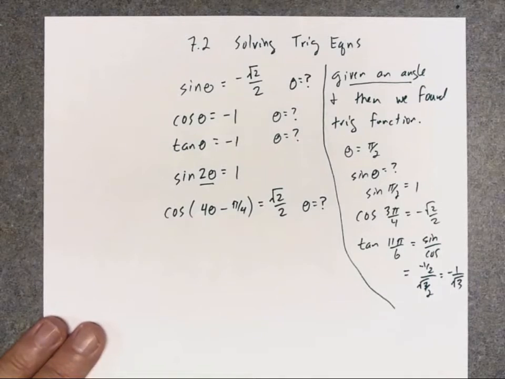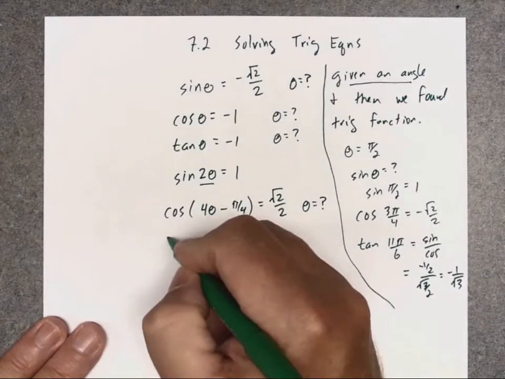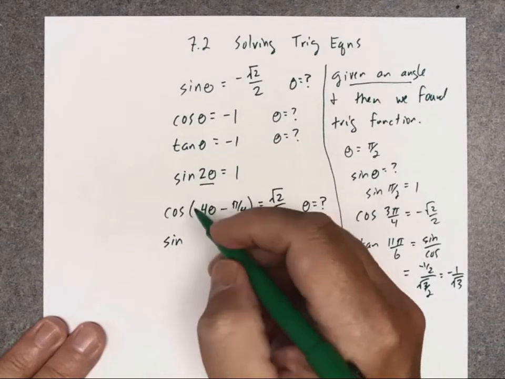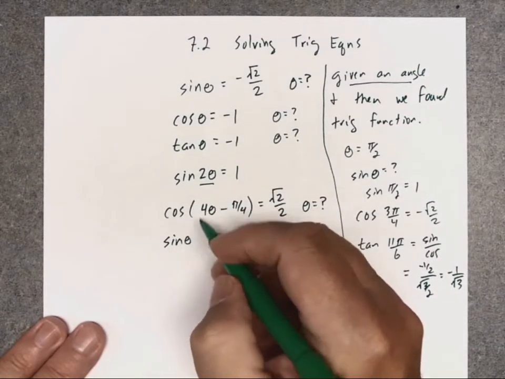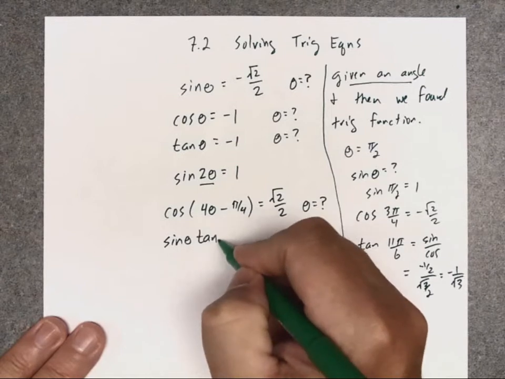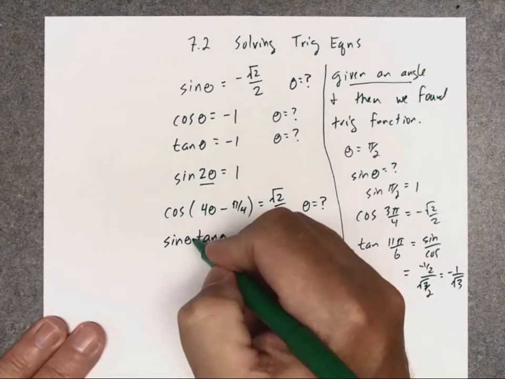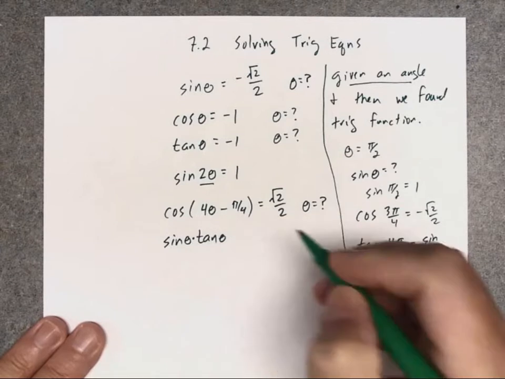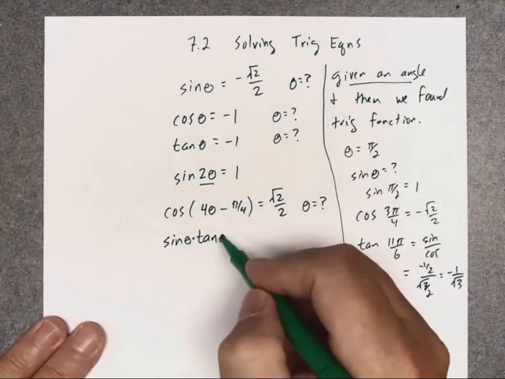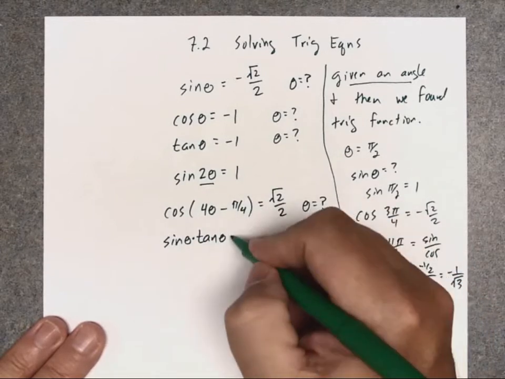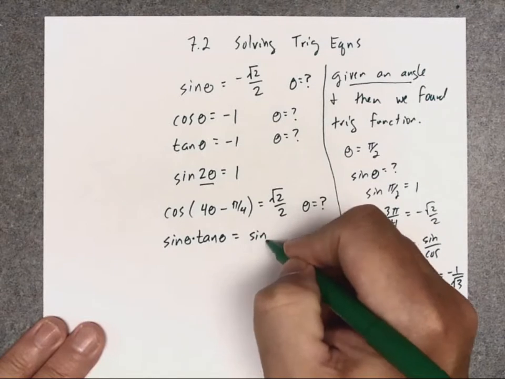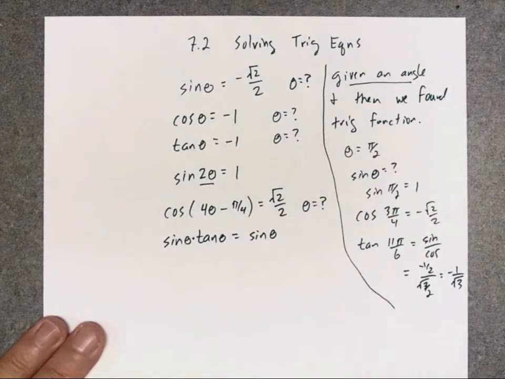And then there are a couple more. So now they're getting even a little more complicated, and even when we look to solve them, we'll have to do some different things. Okay, this is interesting. Sine theta times tangent of theta equals sine theta.